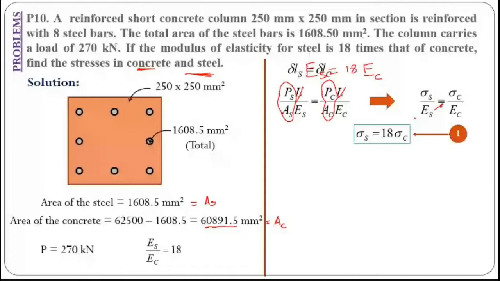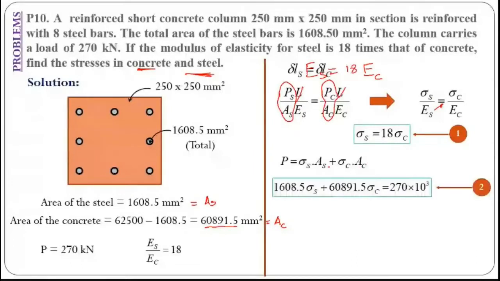Your force P is equal to P1 plus P2, which I write as sigma S AS plus sigma C AC. You know all the values; sigma S is unknown. AS I know, which we already identified: 1608.5. Let me substitute it. So 1608.5 sigma S plus 60891.5 sigma C is equal to your force P. Force P is 270 into 10 power 3.